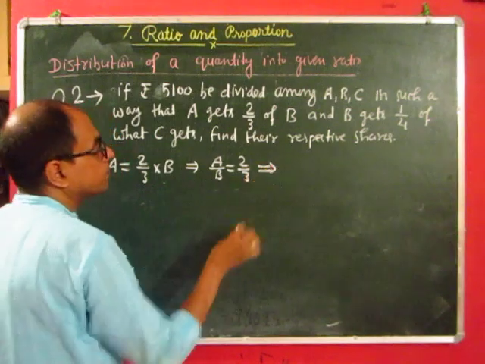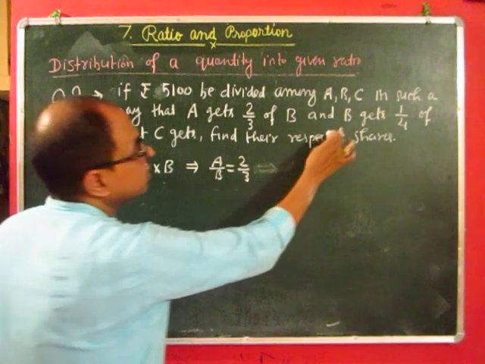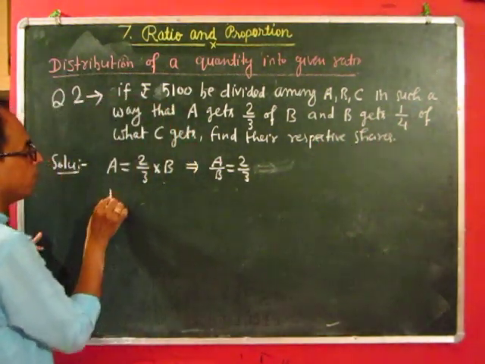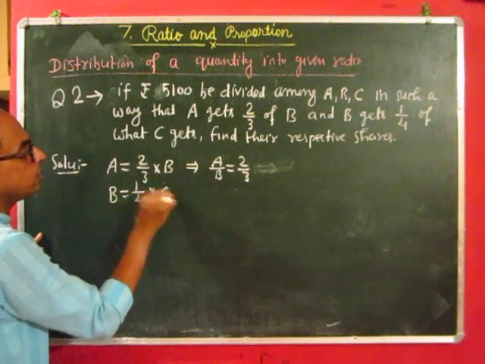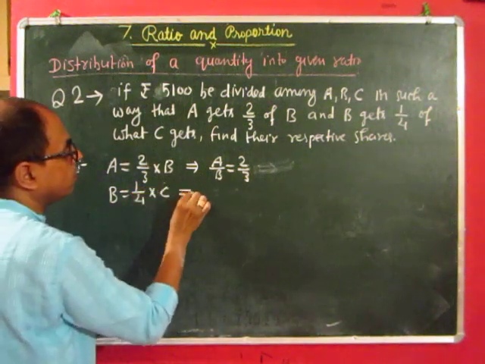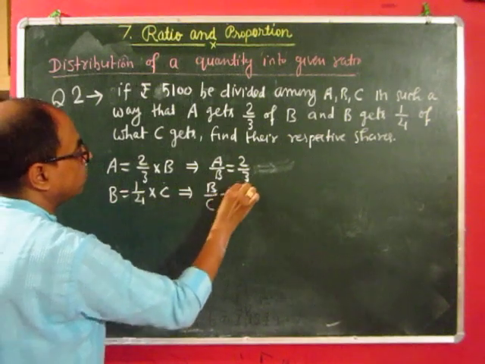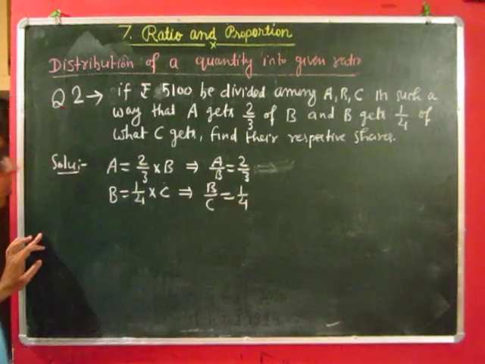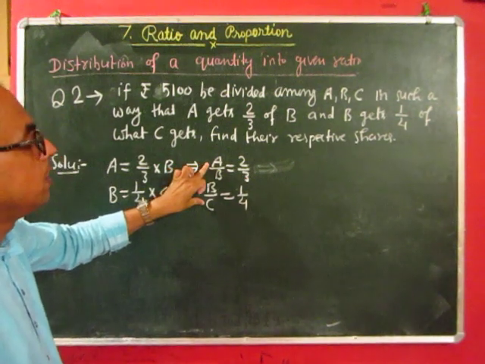Now the second information is B gets 1/4 of C. So from here we can write B by C is equal to 1/4. So from these two ratios we can find the ratio of A, B and C.